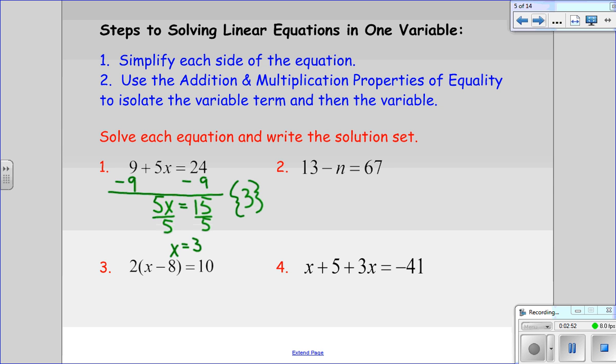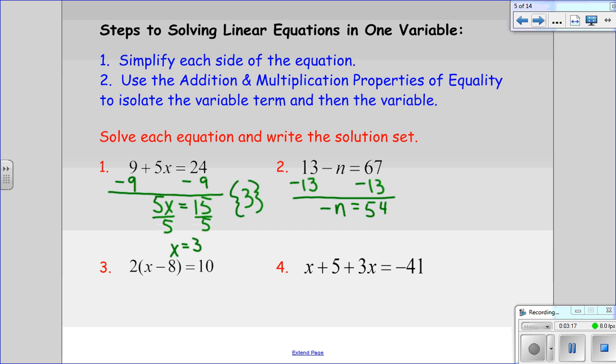Example 2 is similar. We first look to simplify each side of the equation, and there's nothing more to be done. So now we move straight to the addition and multiplication properties of equality. We will isolate our variable term by subtracting 13 from each side, resulting in the equation negative n equals 54.